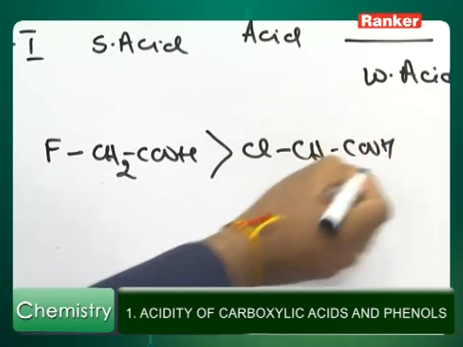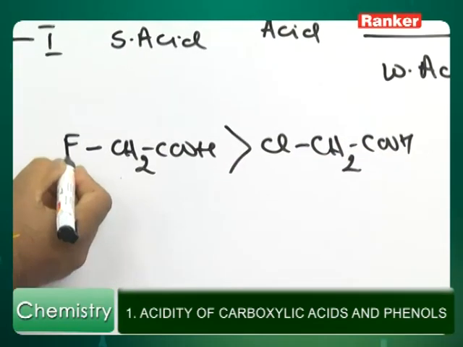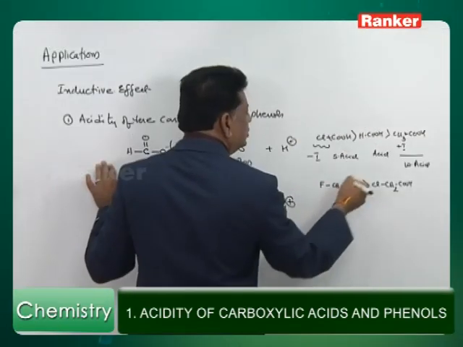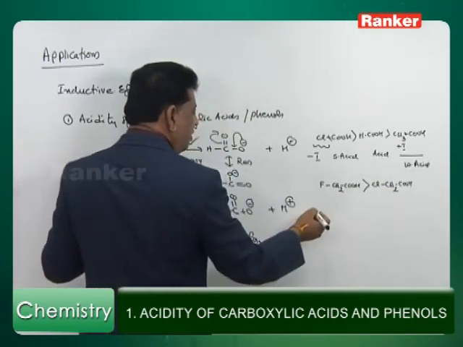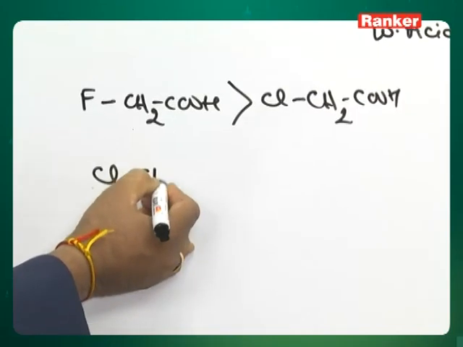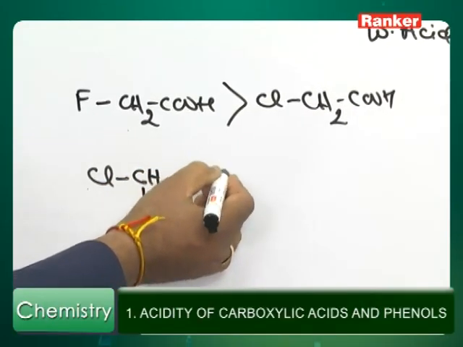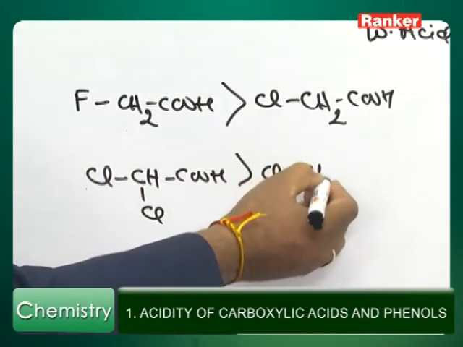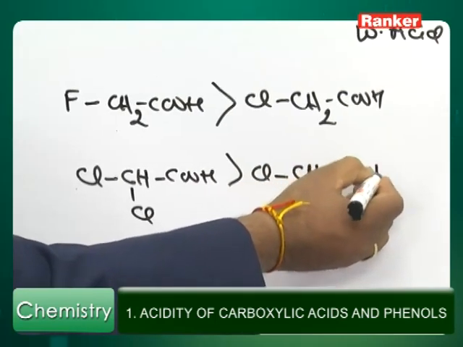Both are acetic acid, but fluorine is more minus I, therefore this is stronger than the chlorine. The number of groups also matters: acetic acid with 2 chlorines is stronger than acetic acid with 1 chlorine, right.